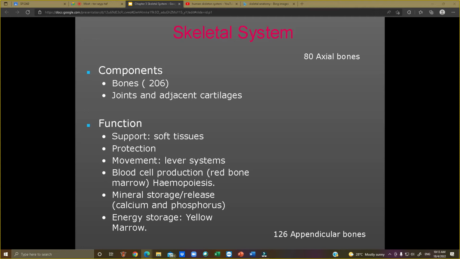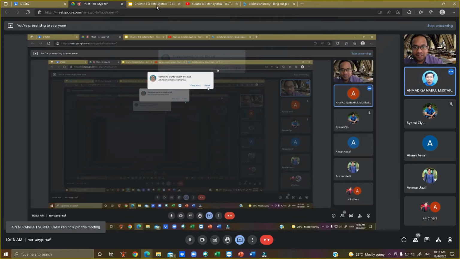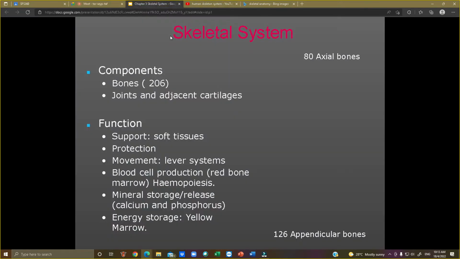Cartilage, one of it lagi. Muscles, lagi. Ligament, lagi. Fascia. Organ? Semua organ soft tissue ya ke? Tendon. Tendon, lagi. Tendon, ligament, itu semua soft tissue lah.